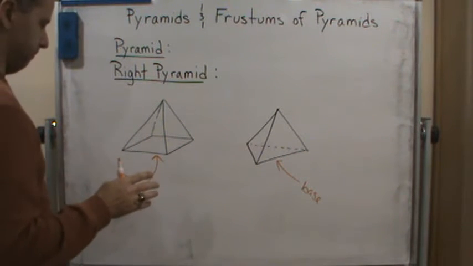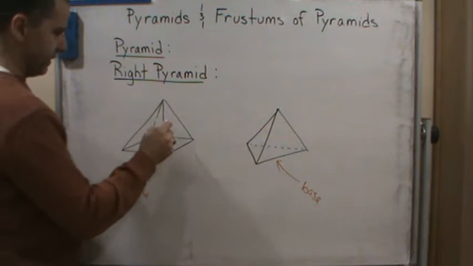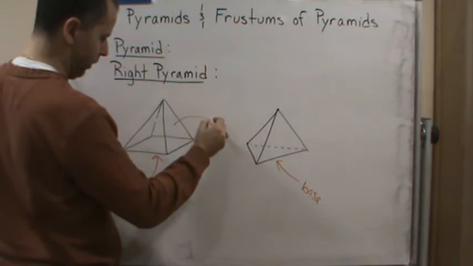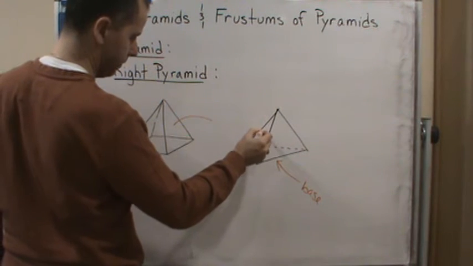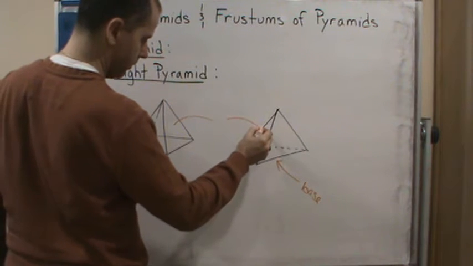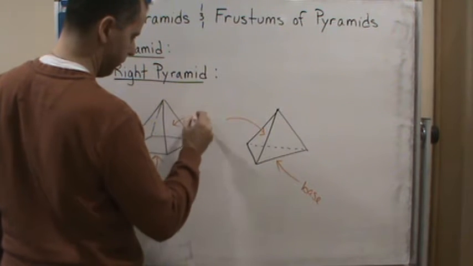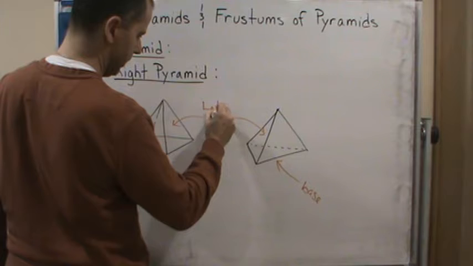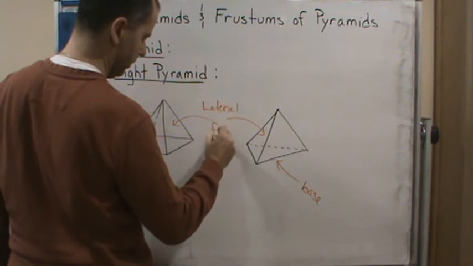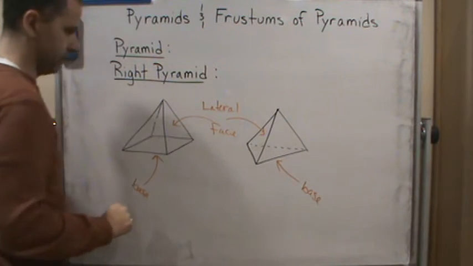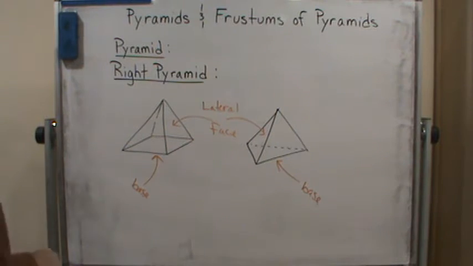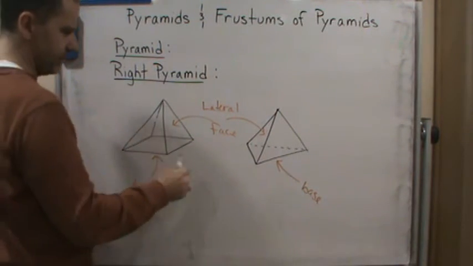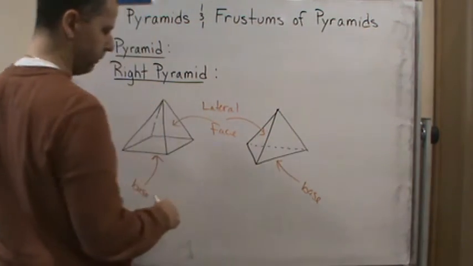Okay, so this is the base, and then this would be one of the faces. So this would be a lateral face. So in this case here we have 4 lateral faces, and in this case here we have 3 lateral faces.